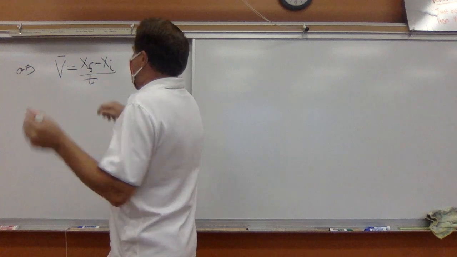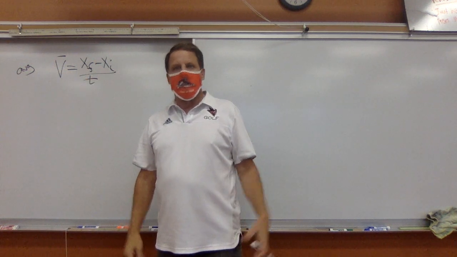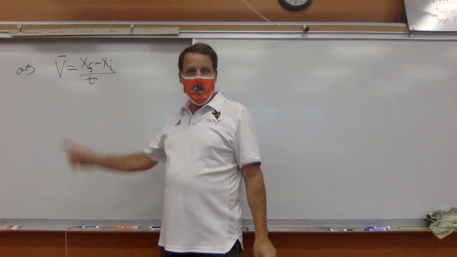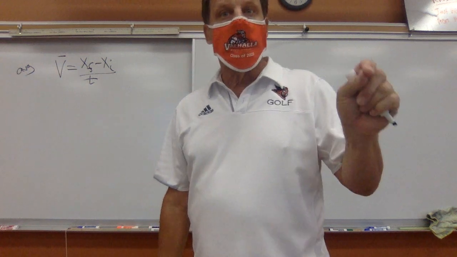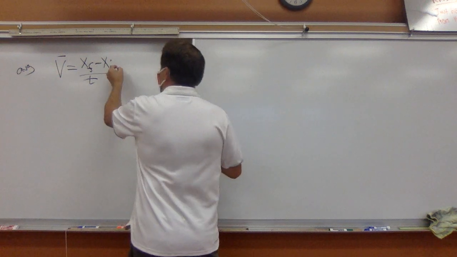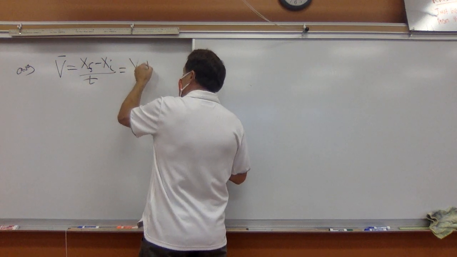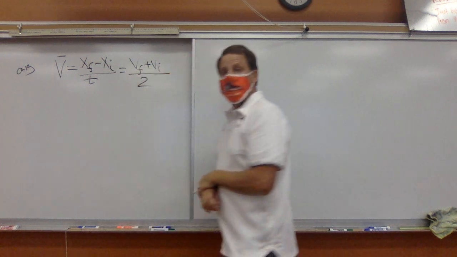Now, this is essentially always the case. If you're going at a constant velocity or not a constant velocity, this is always going to be the case. Now, when you have a constant acceleration, this is also going to be v final plus v initial divided by 2.